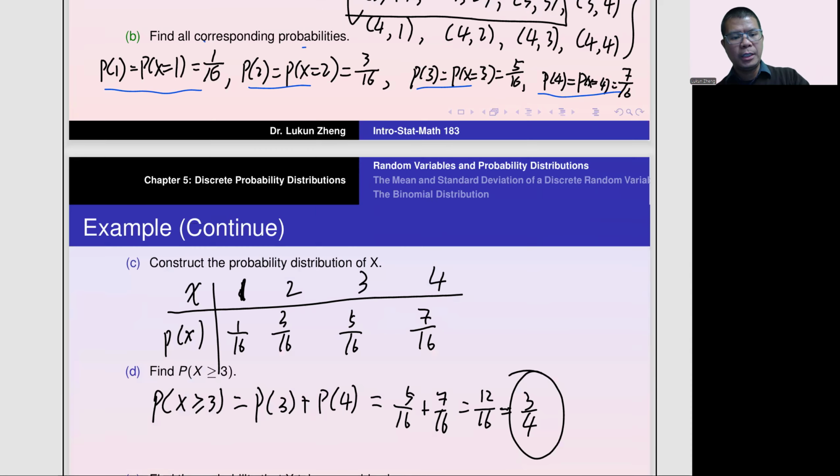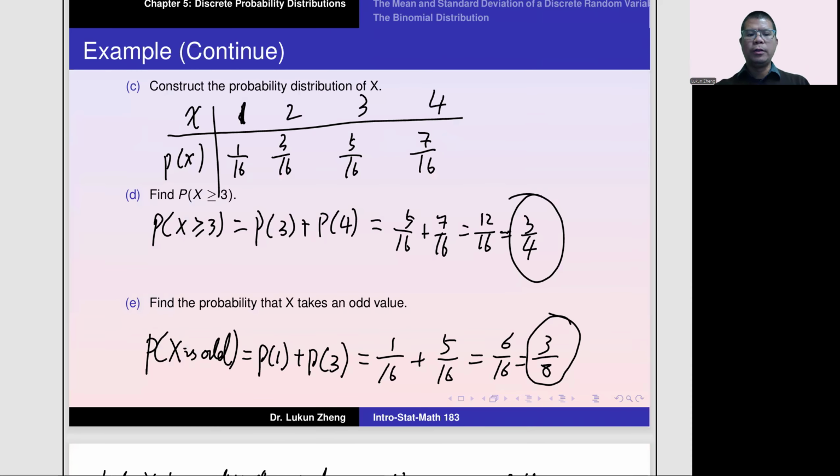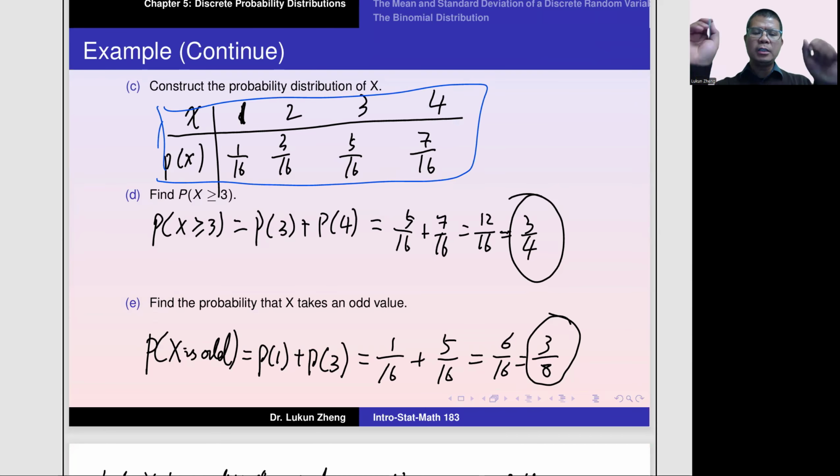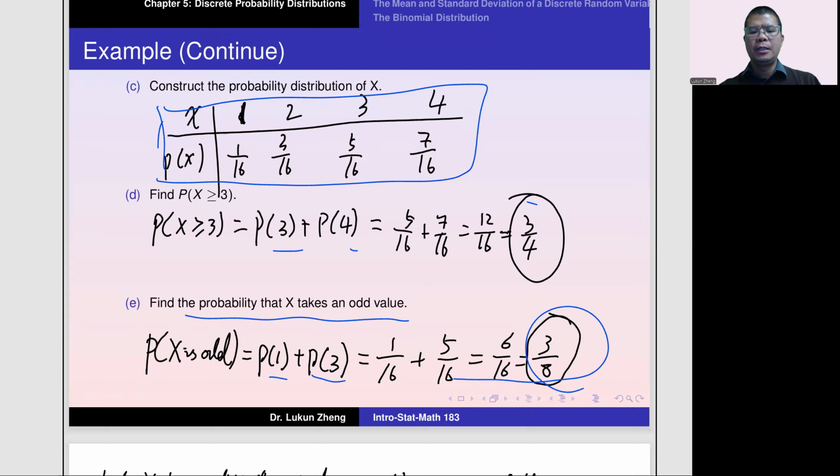So I got that, and then the table, the distribution. This is very good. You have the possible values of x and the corresponding probabilities of x. Then the probability that x is greater than or equal to 3 is P3 plus P4, which equals this. And X is an odd number, P1 plus P3, that's this one.